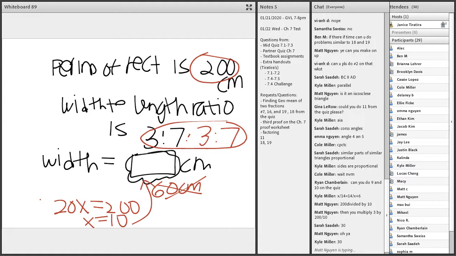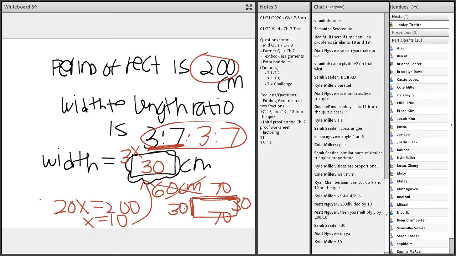Then the width is 3x, so you're going to say the width is 30 centimeters. And then just think about it. Use your numbers. Do 30 plus 30 plus 70 plus 70. Doesn't that add up to 200? Right? And the width to length ratio is 30 to 70, which is 3 to 7. Make sure you think it through, okay? That one is on the test tomorrow.